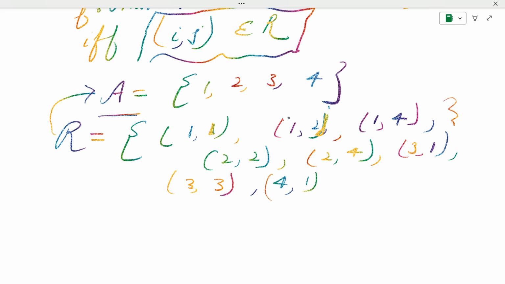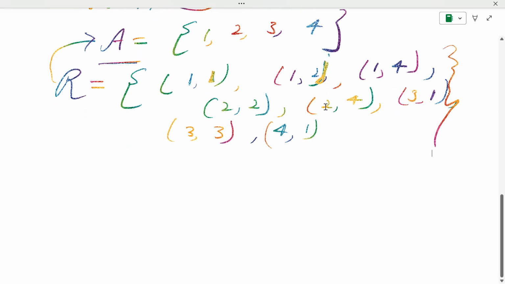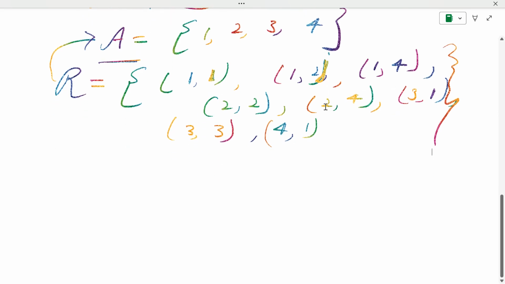So these are the ordered pairs present in R. R is a relation defined on set A, and set A has a cardinality of 4, consisting of elements 1, 2, 3, and 4, and somehow these elements are related to each other. That's what we have shown in this relation.